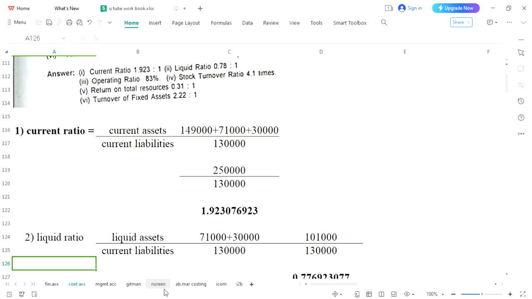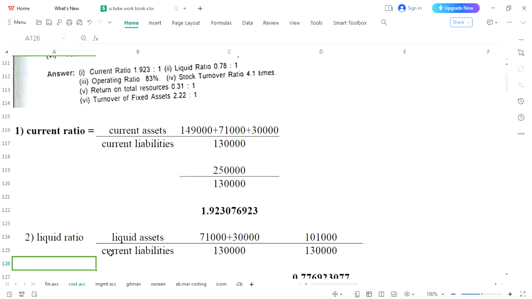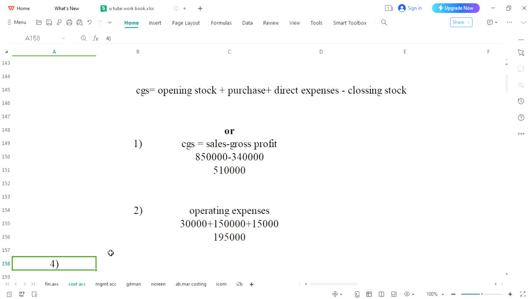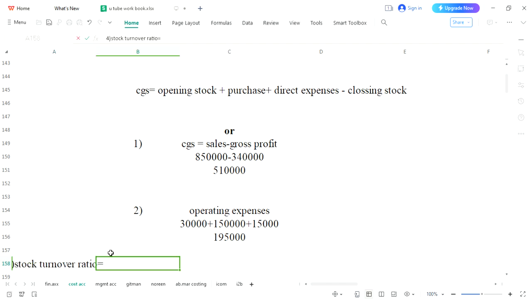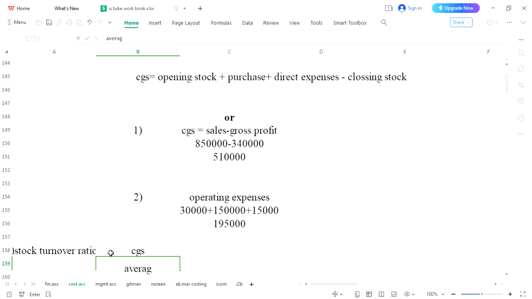Now we will see what our fourth requirement is. Stock turnover ratio. In the fourth, we will calculate the stock turnover ratio, and that would be calculated by taking CGS, cost of goods sold, and it would be divided by average stock.